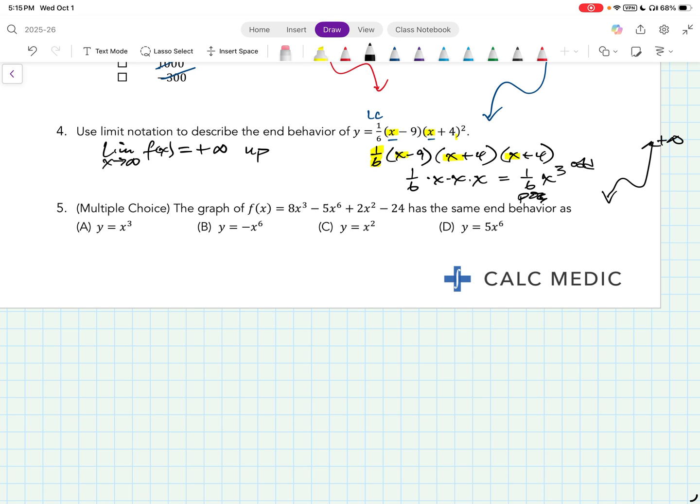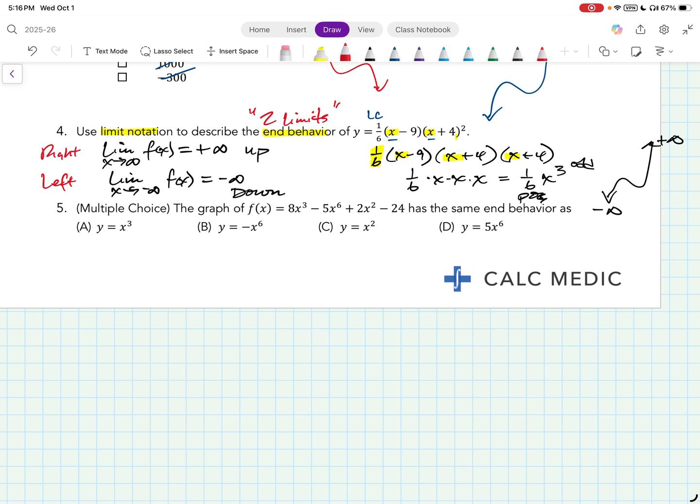And then going to the left, if x decreases without bound, which means you're moving left, the function is going down to negative infinity, and you interpret that as down. So that's using what's called limit notation to describe end behavior. You always write two limits. This is the right end behavior, and this is the left end behavior.